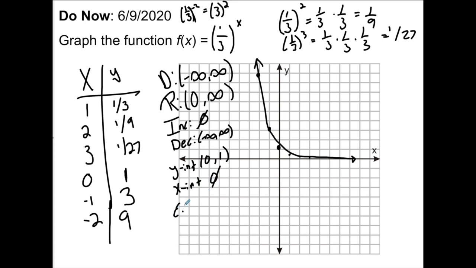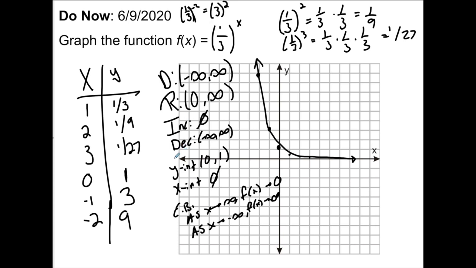Finally, end behavior. Okay, as x goes to infinity, f of x is getting closer and closer to 0. And then as x goes to -infinity, because of that upwards pointing arrow, f of x goes to infinity.